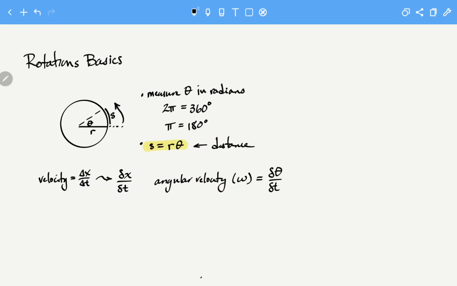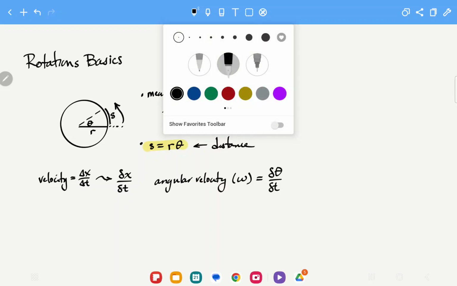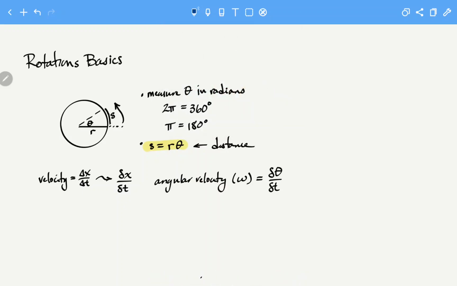Now, some key things to remind ourselves here. We measure angular velocity in radians per second. Instead of meters per second, it's in radians per second.